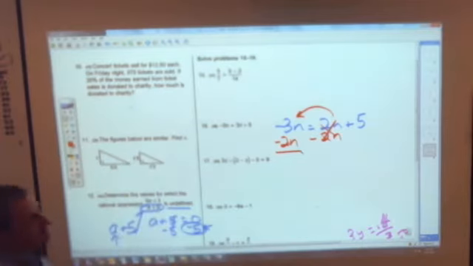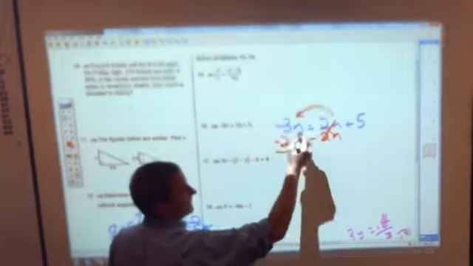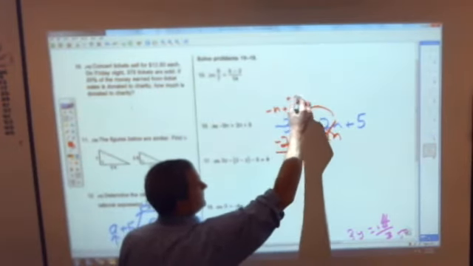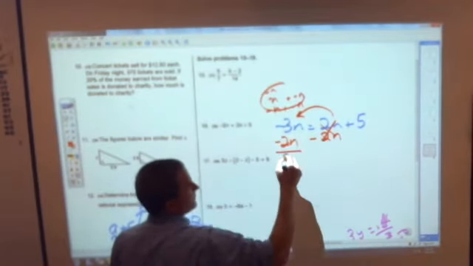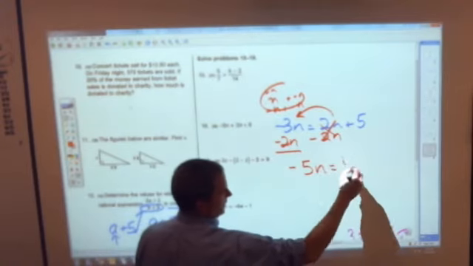If I have minus 3n and I subtract 2 more n's from that, I get negative 5n. Because what is minus 3n? It means you have 3 negative n's. And if I put 2 more negative n's with it, that's a total of 5 negative n's. And then that equals this 5.